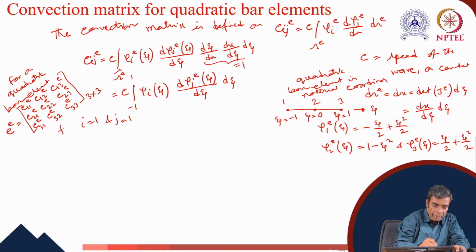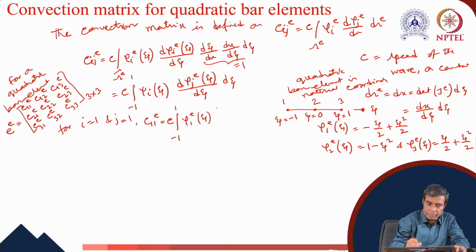For i equals to 1 and j equals to 1, we get C11e equals C integration from -1 to 1 of psi_1^e d psi_1^e/d xi d xi.